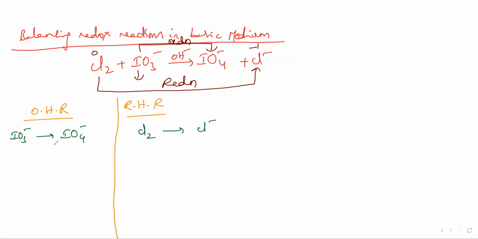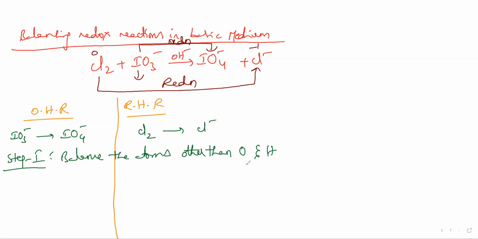Now here, step 1, as usual, balance the atoms other than oxygen and hydrogen. Both are the same in this case. Only one iodine, so same. Here 2 chlorines, here 1. Multiply with 2 to get even.